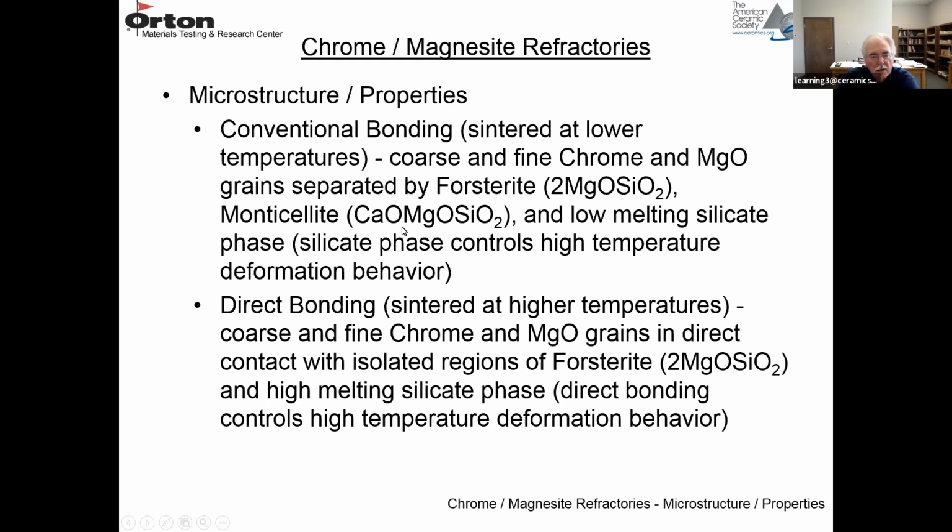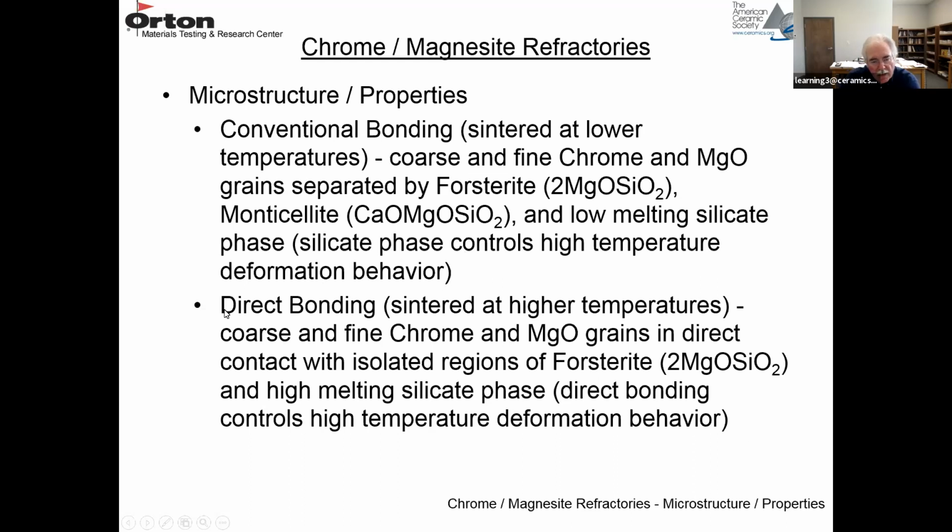You can have monticellite present. The silicates can combine with CaO and MgO, and you can have low melting silicate phases. So monticellite is a low melting phase, and the glassy phases, the silicate phases, are also going to deform at low temperatures. They don't have a distinct melting temperature, but the viscosity of these phases is going to decrease substantially as you increase the temperature.